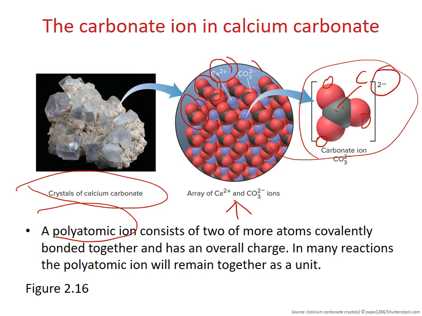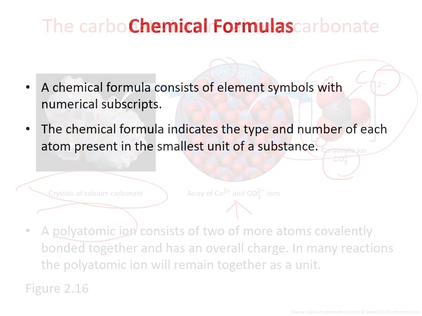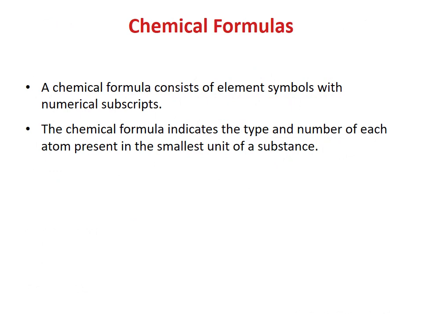In many reactions, the polyatomic ion stays together as a unit, and here is the carbonate ion. A chemical formula consists of element symbols with numerical subscripts. For example, H2O represents a water molecule.